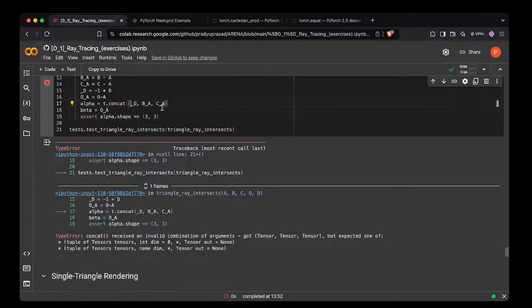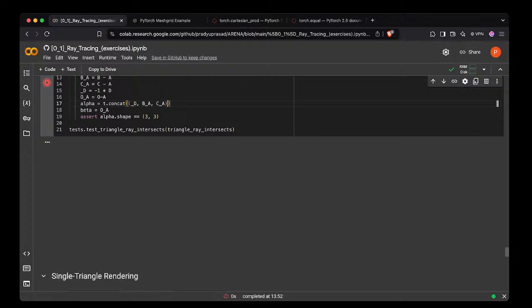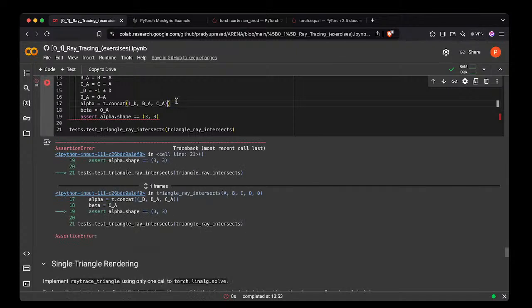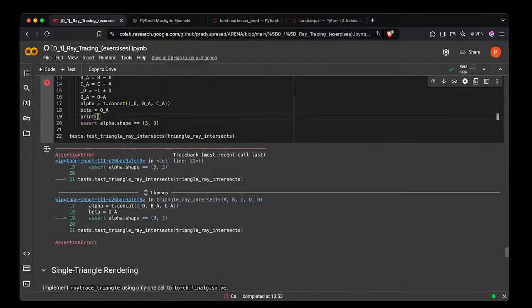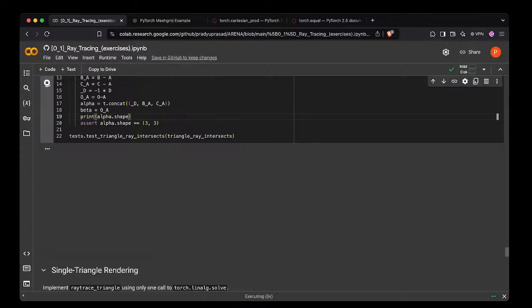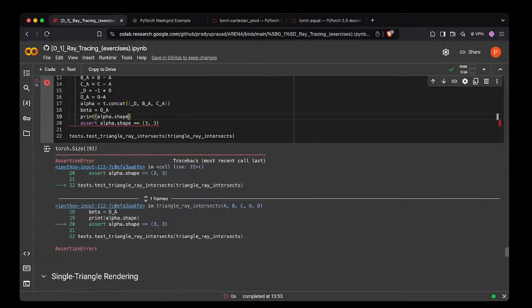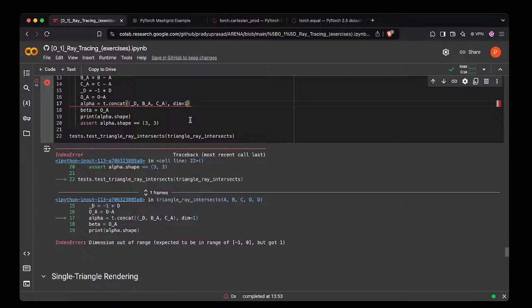Why do I keep doing this? Yes. You gotta do dimension equals 1. I don't get it.